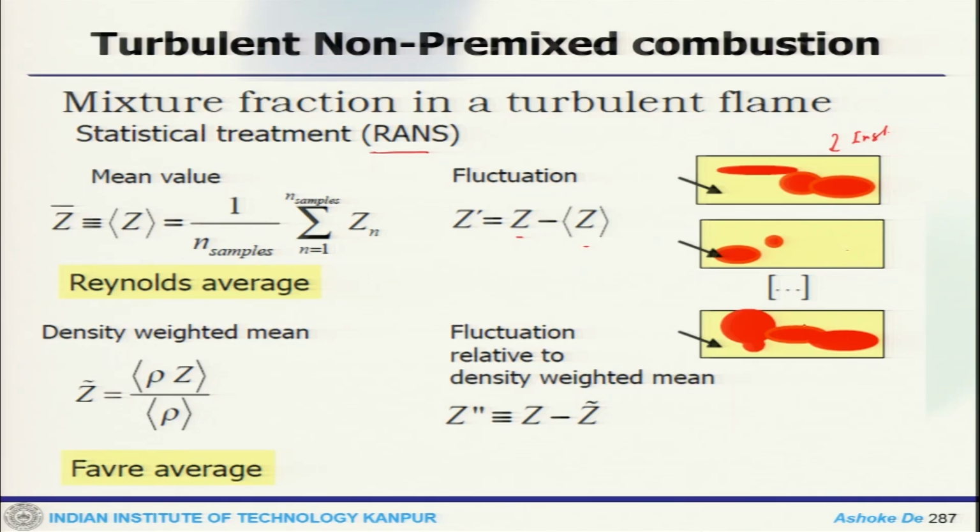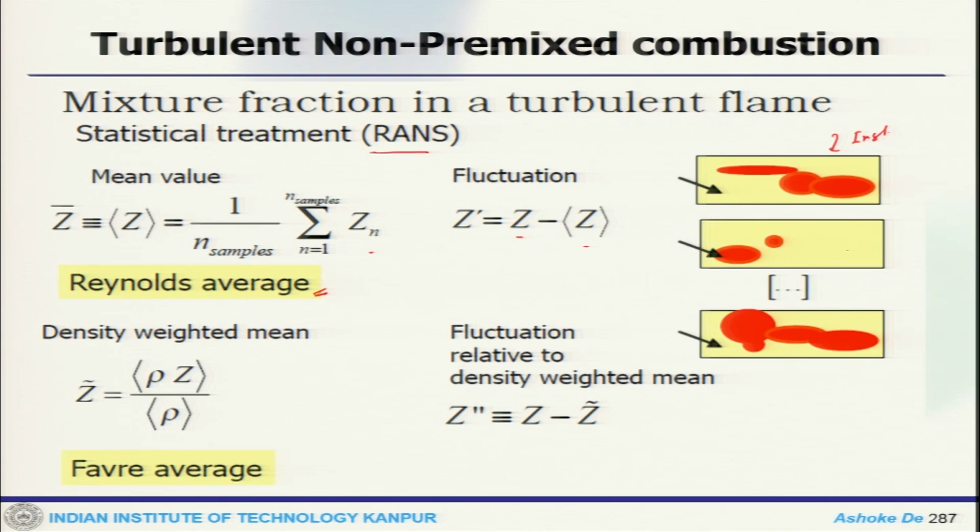So this is mean plus fluctuation, and the mean value one can find out, it could be an ensemble average, a Reynolds average for a number of samples. This we have repeatedly discussed, how we can obtain the mean values.